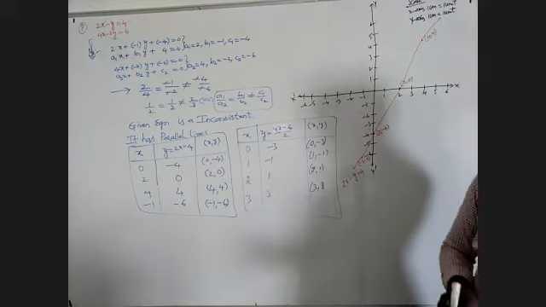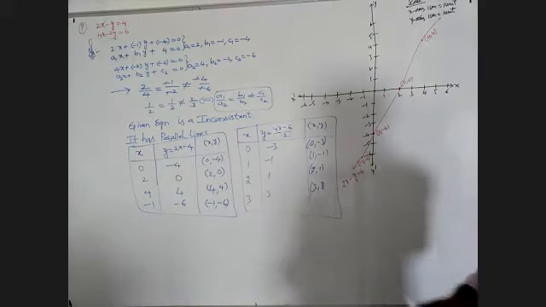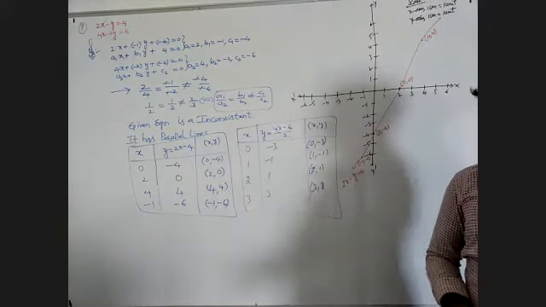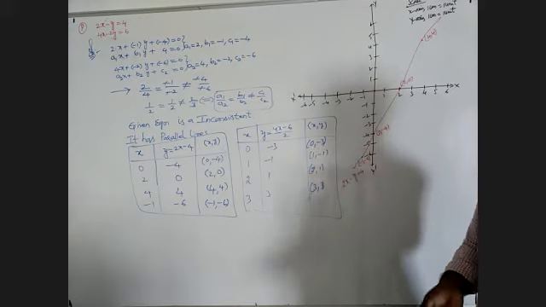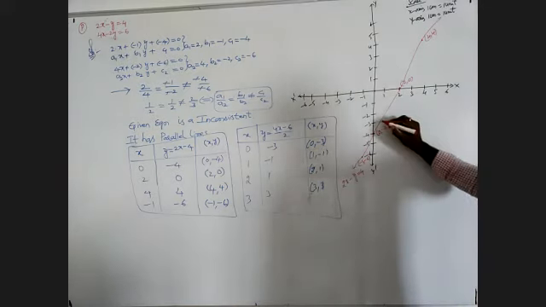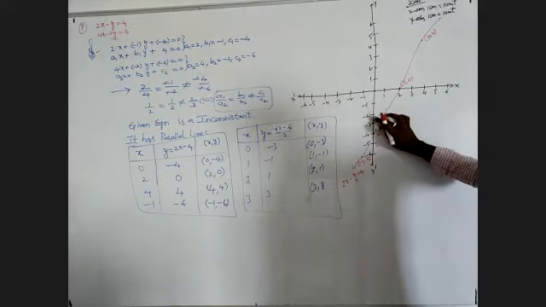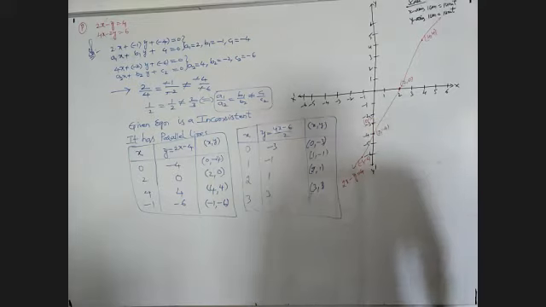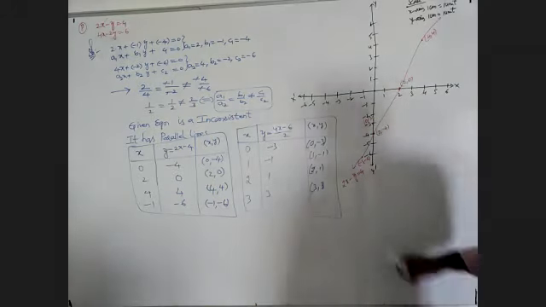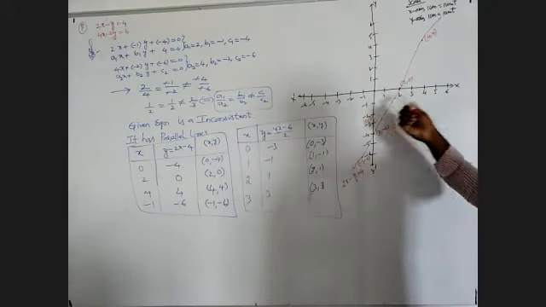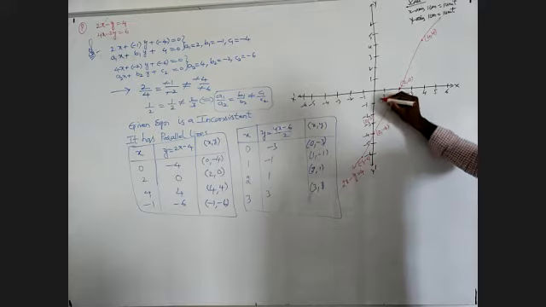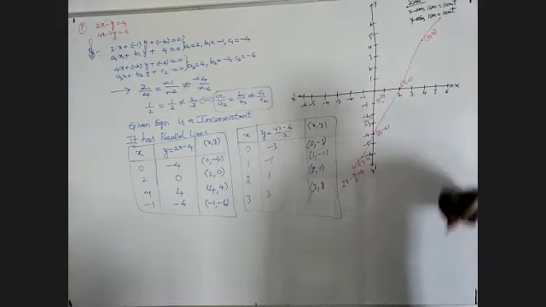The first point is 0 comma minus 3. The x coordinate is equal to 0, so it lies on the y-axis. On the y-axis we take minus 3. This is 0 comma minus 3. After that we take 1 comma minus 1, plotted as 1 comma minus 1.